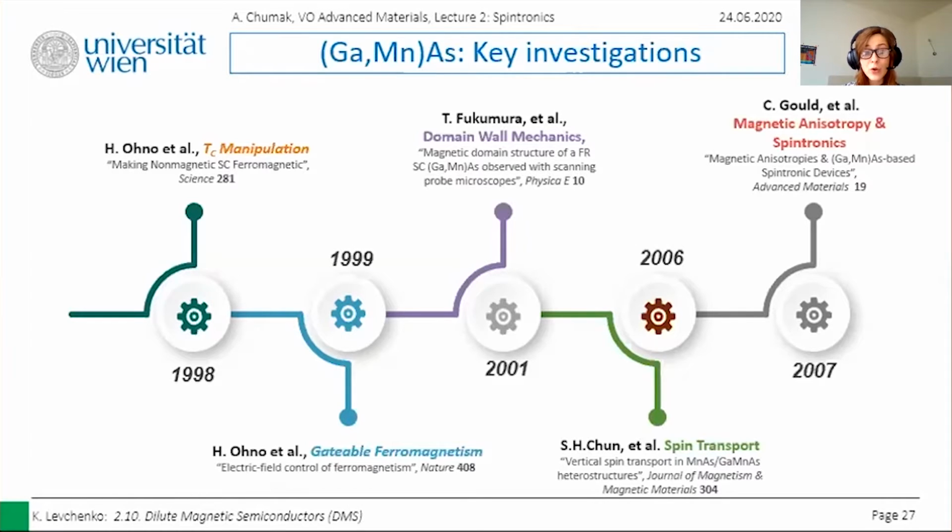Spin transport was also described in the concept of vertical spin transport in manganese arsenide, gallium manganese arsenide heterostructures. A very nice overview, if you are interested in the general application of this material in spintronics, was given by Goodyear et al. in Advanced Materials, which I highly recommend.